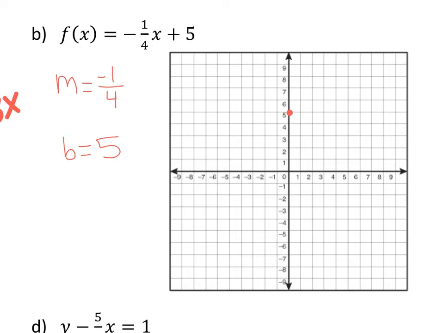Our slope tells us the direction. In this case, our numerator is negative, which tells me I'm going down, and our denominator is positive, so I'm going right. Think of these as your directions. So I'm going to begin at my point, which is at 5 on the y-axis. I'm going to go down 1, right 4, and then plot a point, and continue to do that.